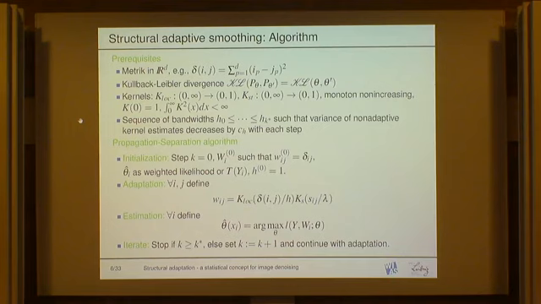The algorithm starts with initialization, then adaptation, defining weights, estimation, getting estimates in all design points, and this is iterated, increasing the bandwidth from step to step until a predefined number of steps is reached.